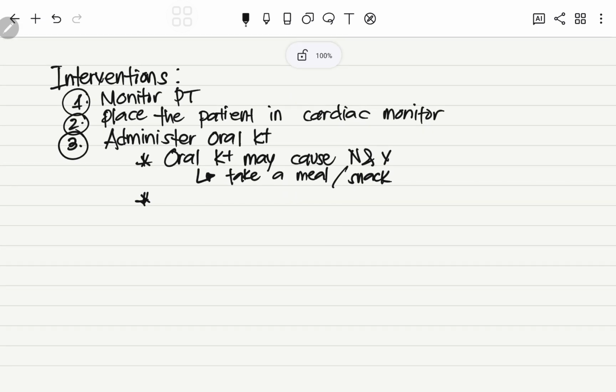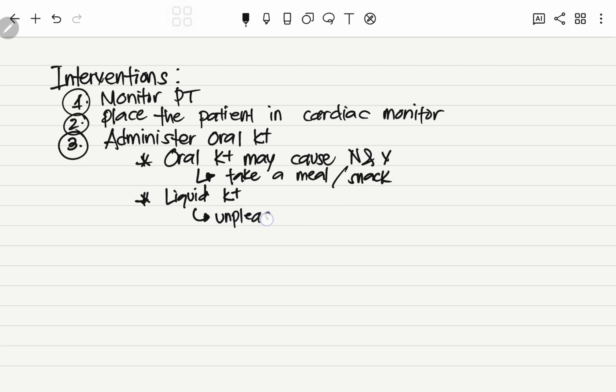So there's also another form of your potassium, and this could be in your liquid potassium. Okay, may liquid potassium preparations din po. And we need to remember that your liquid potassium chloride, your KCl, has an unpleasant taste. Okay, we need to remember this one.